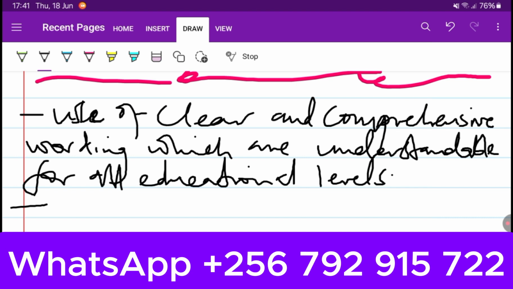Because the moment the respondent starts to ask what he was saying when he said such and such statement, it means you are likely to get wrong conclusions, because you'll get wrong answers from the questionnaire. So use clear and comprehensive wording which is understandable for all people at all levels of education.